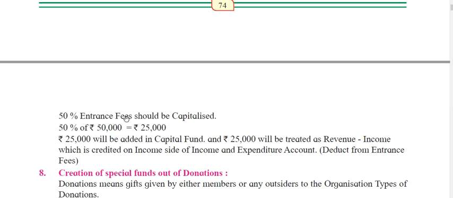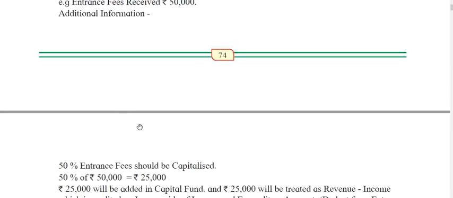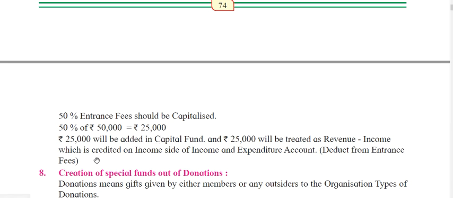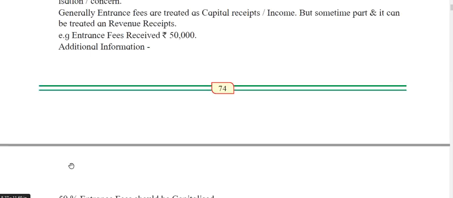Rupees 25,000 will be added to the capital fund, and rupees 25,000 will be treated as revenue income, which is credited on the income side of the income and expenditure account. So this is the capitalization of entrance fees.